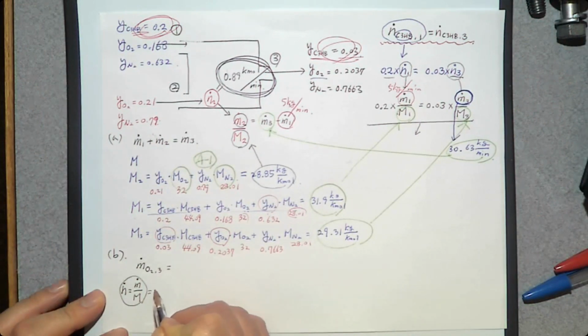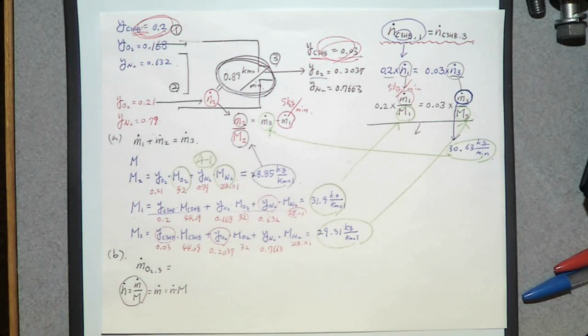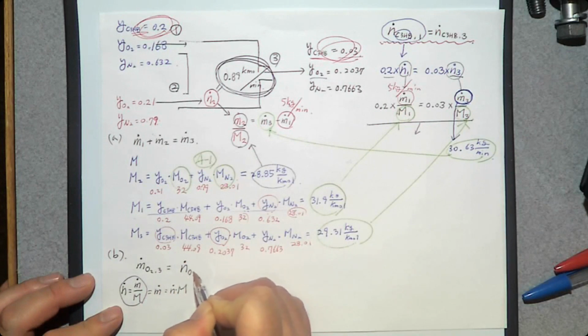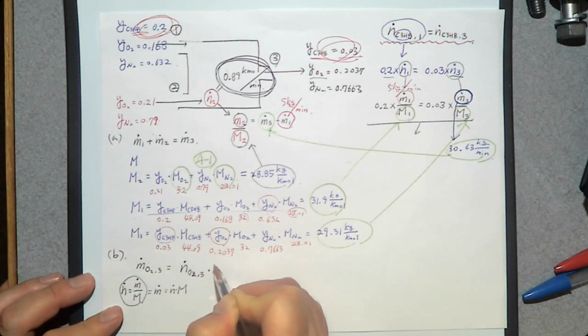The same thing for oxygen: the mass flow rate of oxygen is going to be the molar flow rate of oxygen times the molecular weight of oxygen. N dot of oxygen at the exit number 3 times the molecular weight of oxygen.